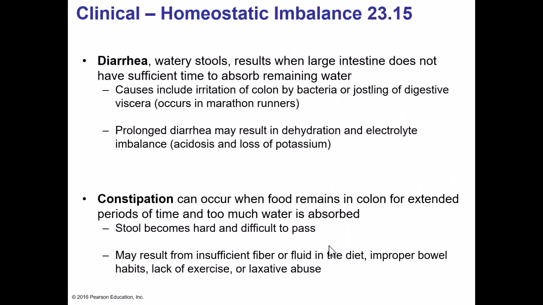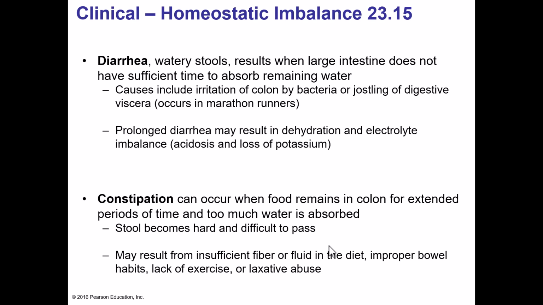Some common imbalances of this process: diarrhea versus constipation. Diarrhea would be if things are moving too fast through the large intestine, there's not enough time to absorb all the water, and so you end up passing it.